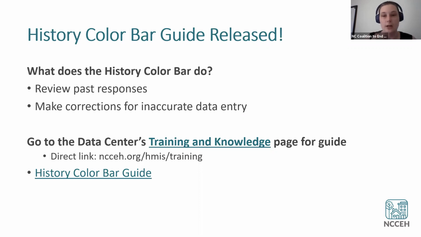That's a great desk guide as you're reviewing data, maybe running that weekly or monthly report and you have questions about a response. This can help you uncover the reason why you're seeing a certain response for a client. Any questions about that guide?